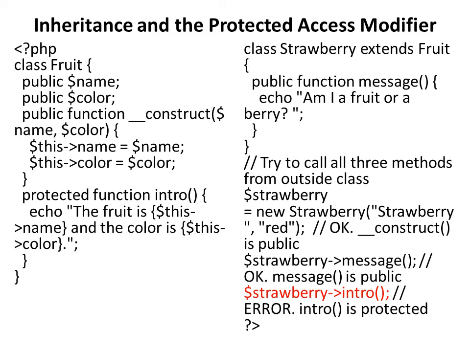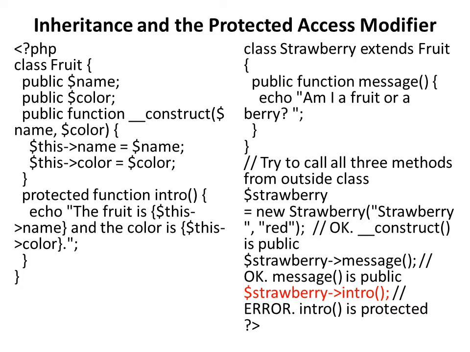There is also a protected access modifier. In the previous example, all the attributes and functions are public. Now here I made the intro function protected. When we use protected, that function or attribute is limited within the same class, or it can be called inside the inherited class.